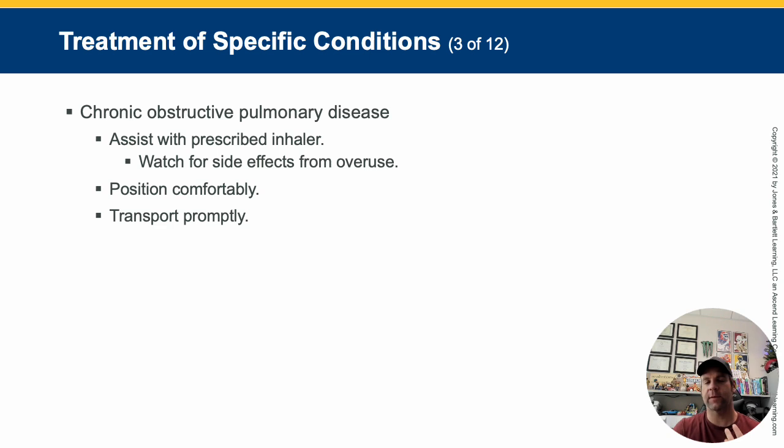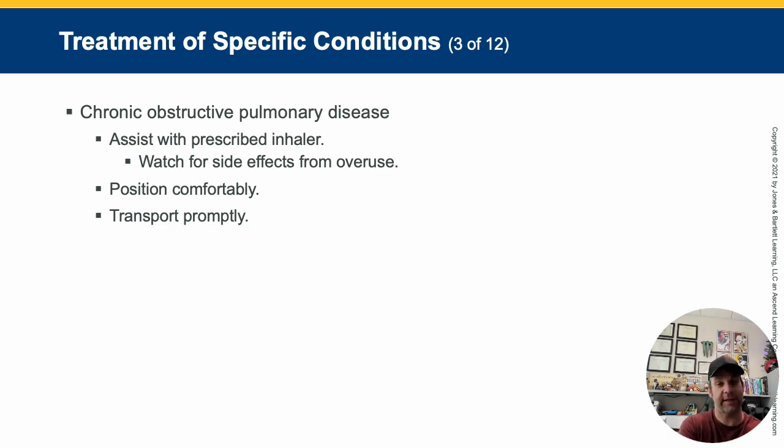Although most COPD patients tolerate high flow oxygen pretty well, some retain carbon dioxide, and aggressive oxygenation could suppress their respiratory drive. So best practice is to begin with low flow oxygen via nasal cannula, then titrate upwards based on the SpO2 readings and the overall patient presentation.